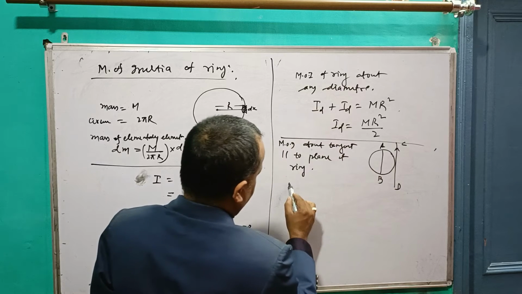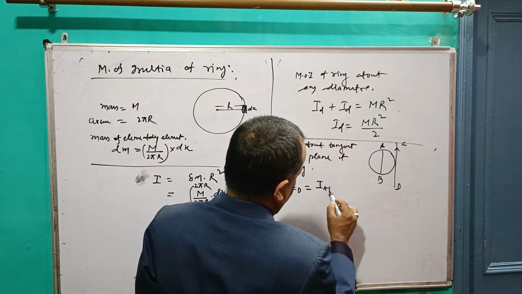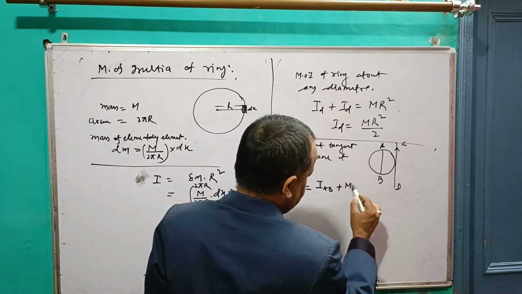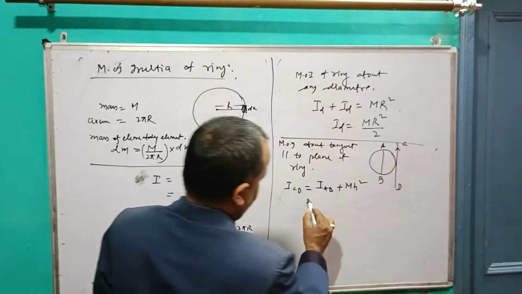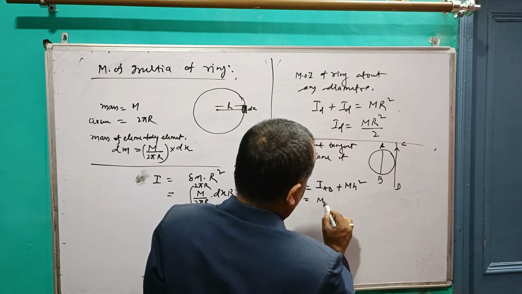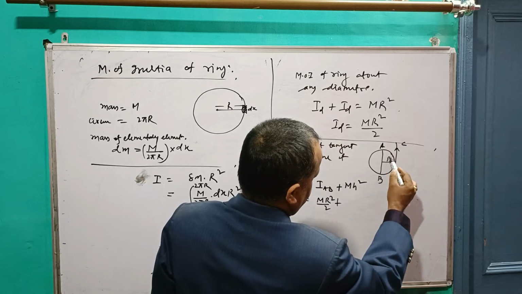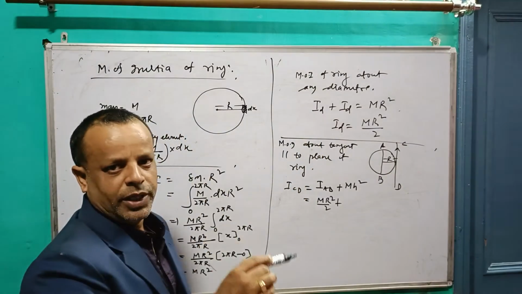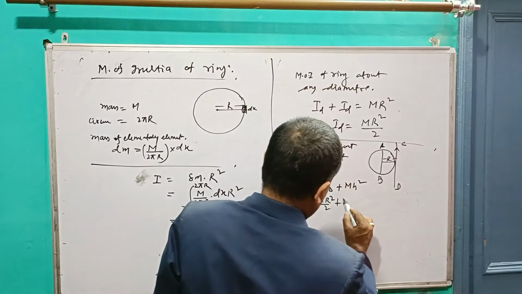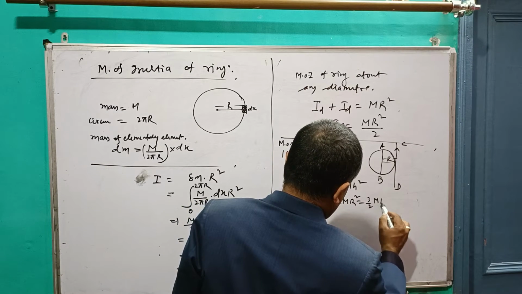We have to calculate the moment of inertia along CD, which is the moment of inertia along AB plus, applying the parallel axis theorem, m h square. AB is one of the diameters, so it is m r square by 2, and h is the distance between the new axis and old axis, that is r, so m r square. So we get 3 by 2 m r square.